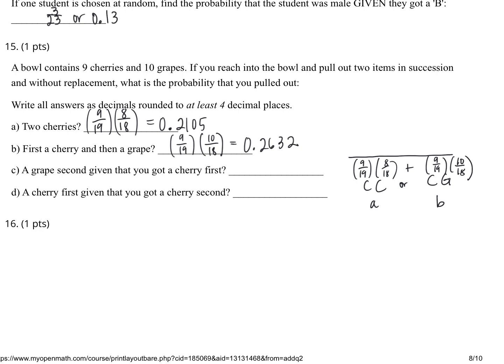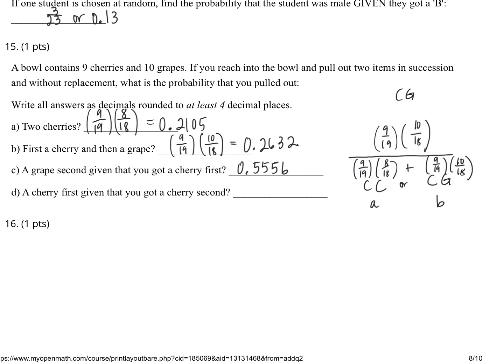The numerator is just going to be what you actually want to happen: a cherry and then a grape. So that's going to be 9 out of 19 times 10 out of 18. Then you put that in your calculator and you'll get 0.5556.